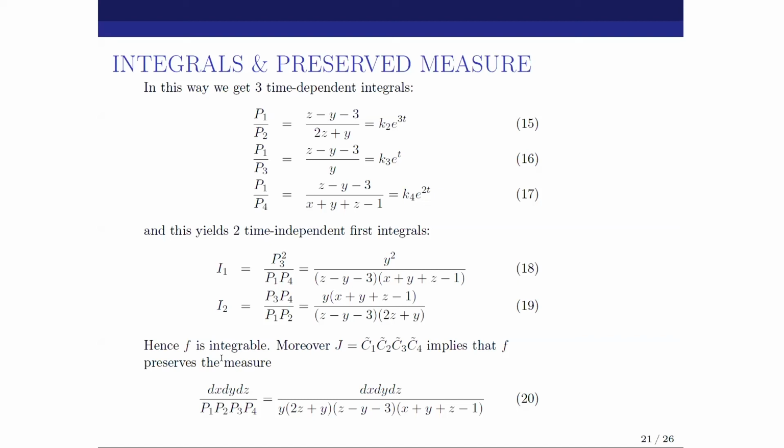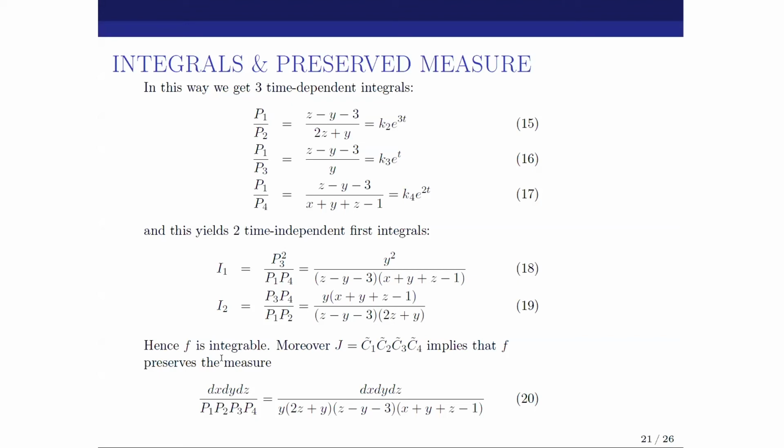Actually, in this particular example, there turns out to be even a little bit more. Because if you look at equations 15, 16, and 17, and look at the middle column, for instance, the first one says z minus y minus 3 over 2z plus y is equal to e to the 2.